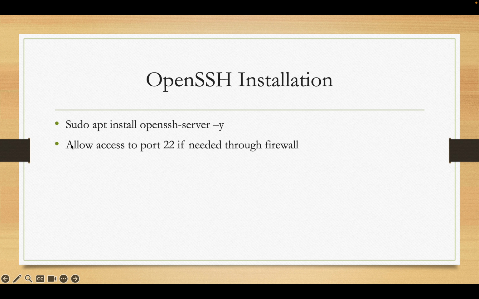You'll also have to allow access to port 22, which is the default port for SSH. You'll need to open up traffic through your firewall. And this is just a basic installation of OpenSSH.